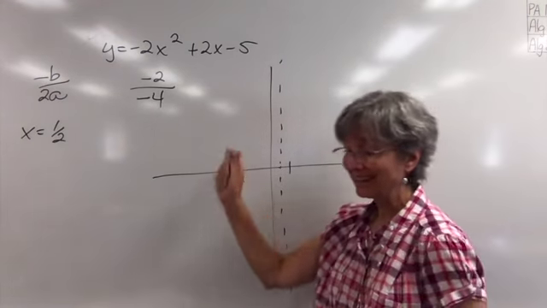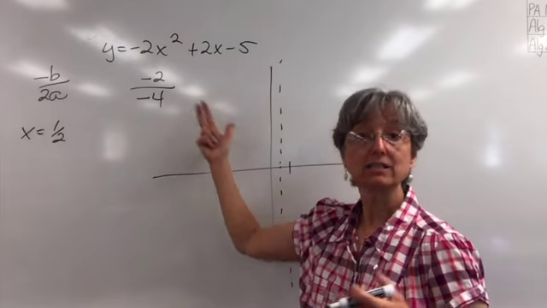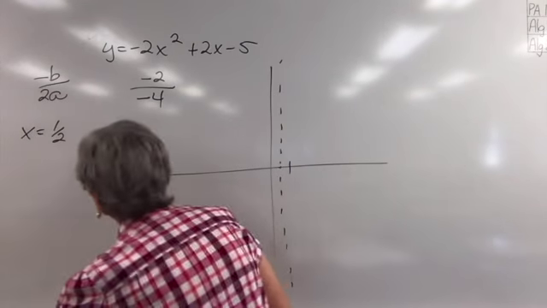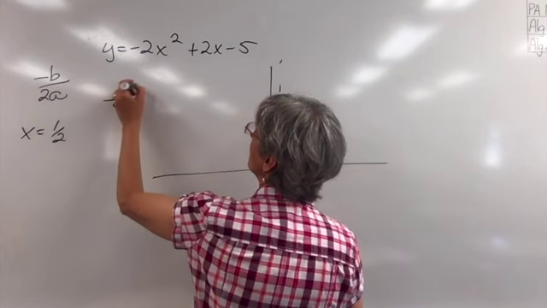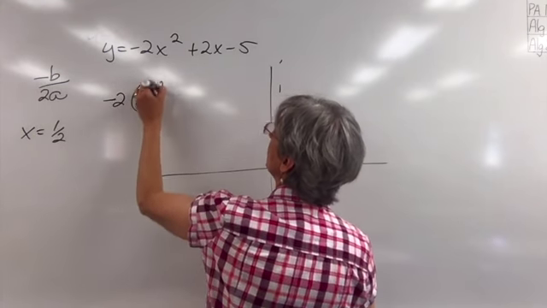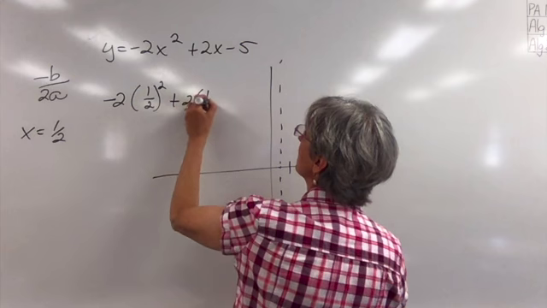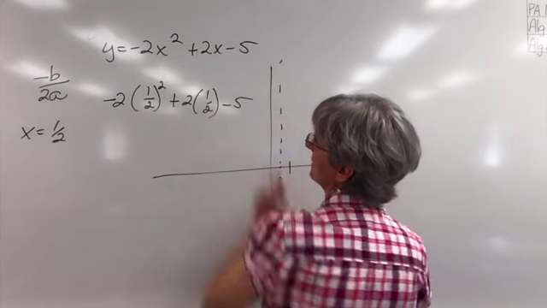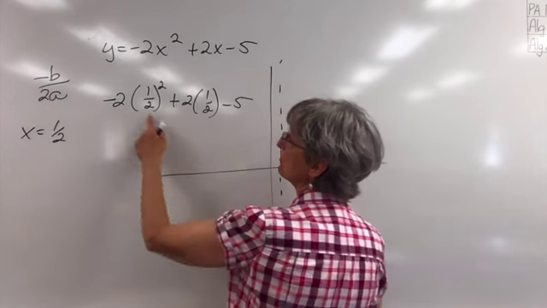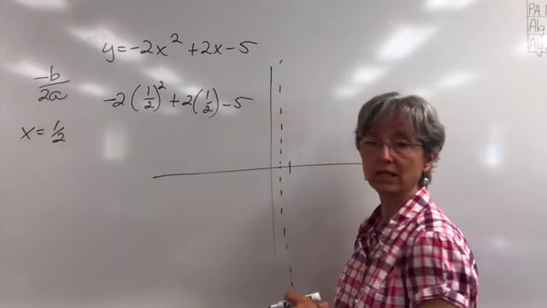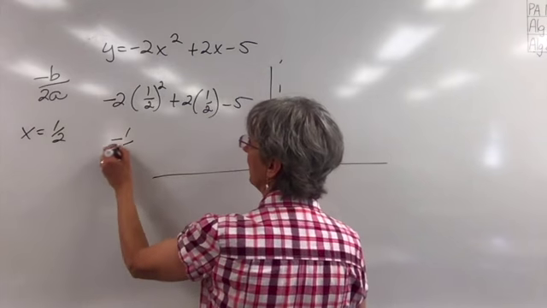All right, plug that in for x to find our y of our vertex. So we're going to make our x 1/2. So negative 2 times 1/2 squared plus 2 times 1/2 minus 5. 1/2 squared is 1/4. So negative 2 times 1/4 is negative 2/4, or negative 1/2.